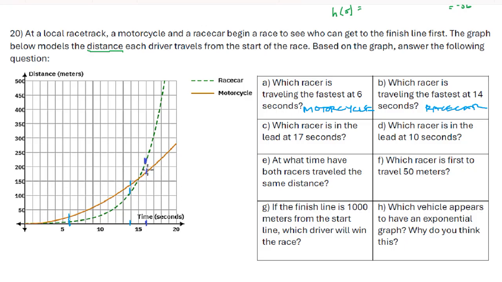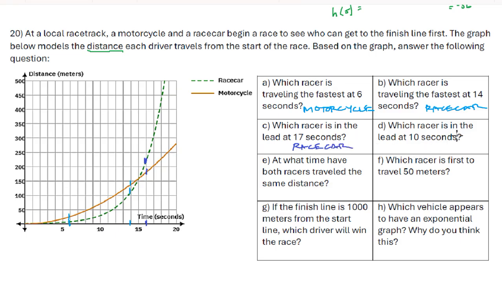Now, class, if you look at those two marks, the race car has gone like 225, maybe 220 meters, whereas the motorcycle has only gone like maybe 170 meters. So in this case, we can see the race car definitely has traveled farther and is in the lead at 17 seconds.